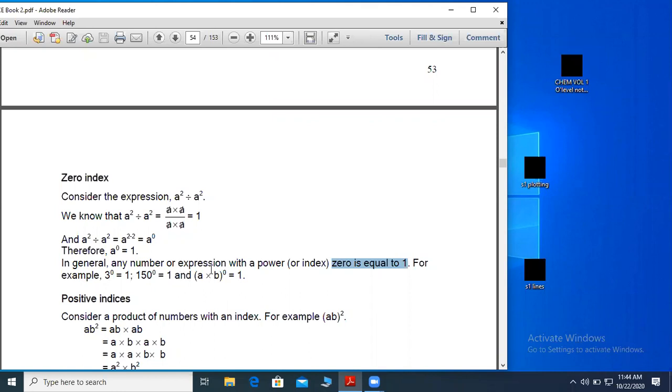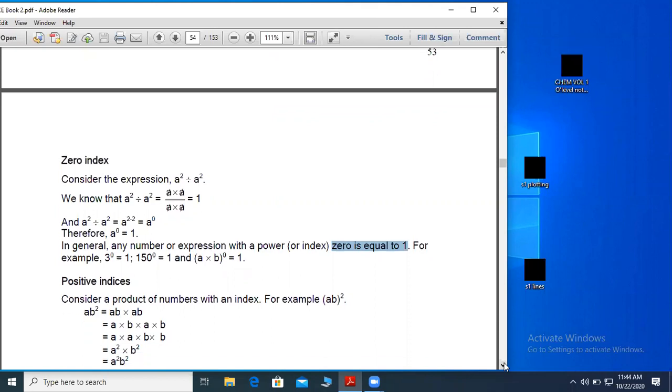So any number to the power 0, the answer is 1. So that is what we call a zero index, where the power is 0 and the final answer will always be 1.